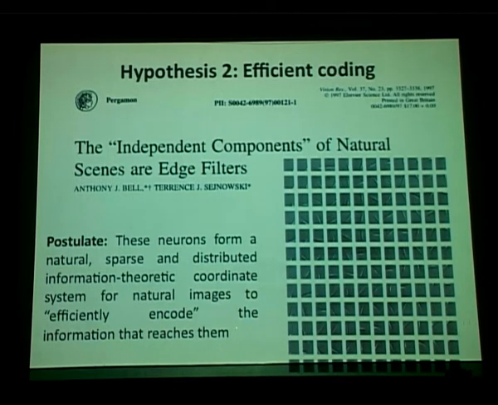So it is as though, say for instance, you have the visual system and it is receiving inputs from the natural world, and certain statistics are associated with the natural information that is out there.